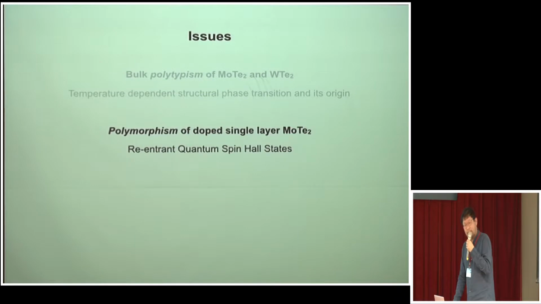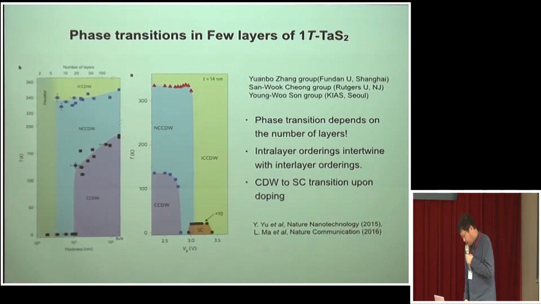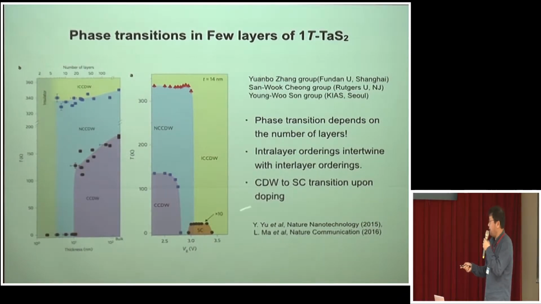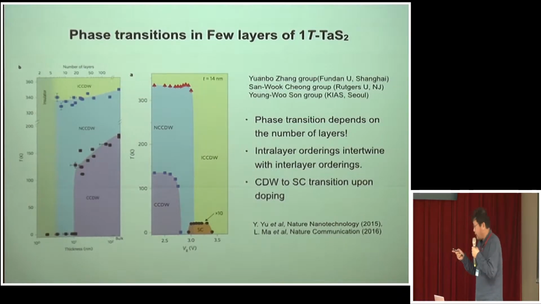Okay, so for the next 15 minutes I will discuss the doped phase of molybdenum telluride and tungsten telluride. For the last couple of years, we collaborated with the Yuanbo Zhang group at Fudan University and showed that there is a very diverse and rich phase diagram for correlated two-dimensional crystals.